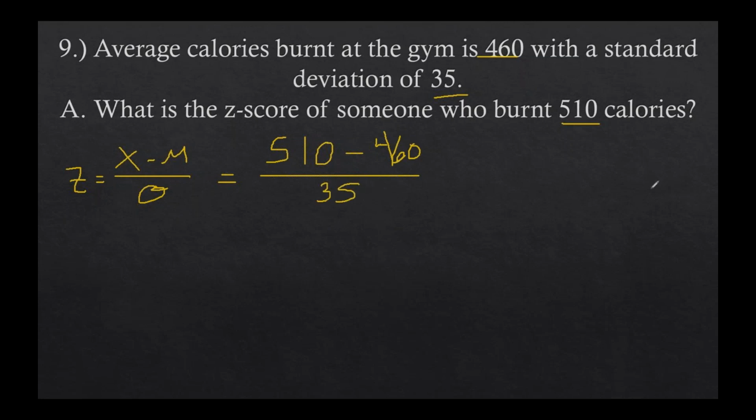So depending on how you're typing this into your calculator, again, you may want to put your numerator in parentheses. And think about it. If the average is 460 and I'm doing 510, I'm better than the mean, right? I'm higher than the mean. So my z-score should be positive. Those are the kind of things that you can think through as you're looking at these problems.